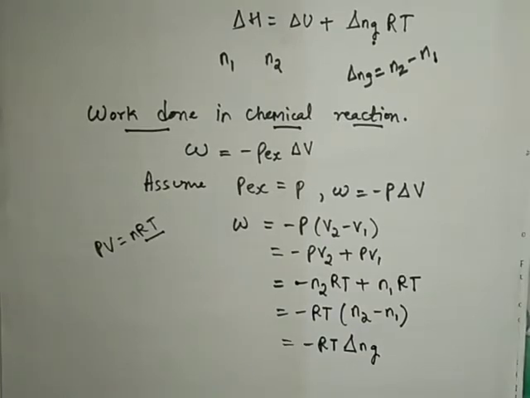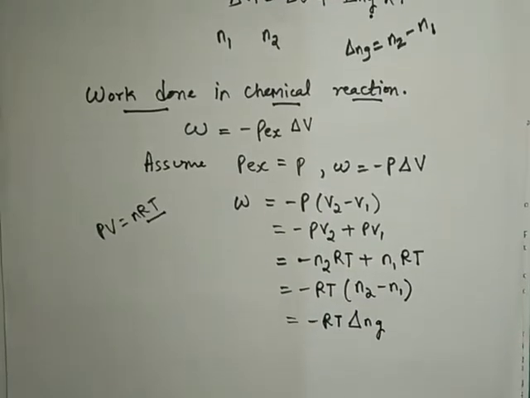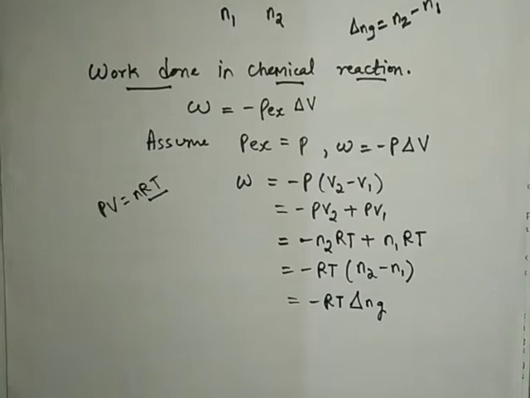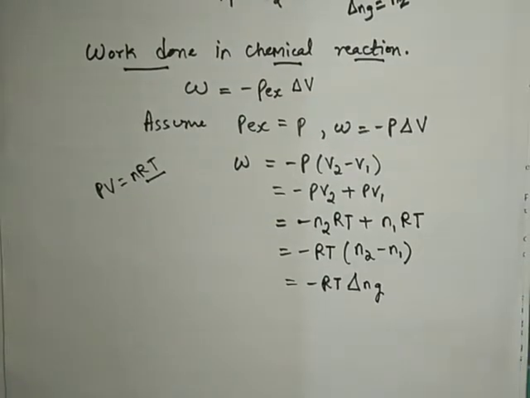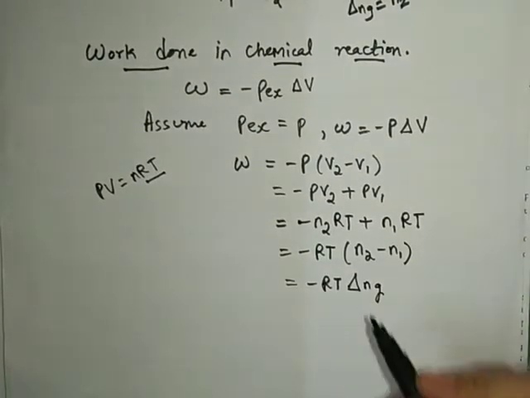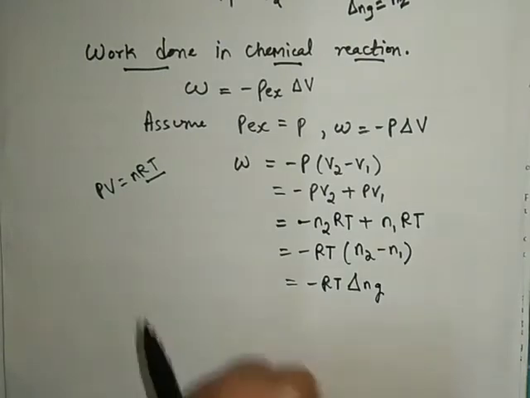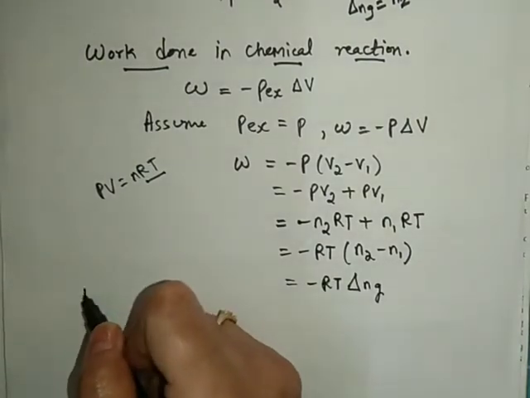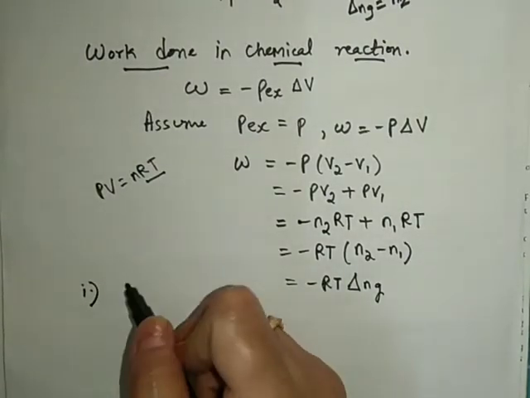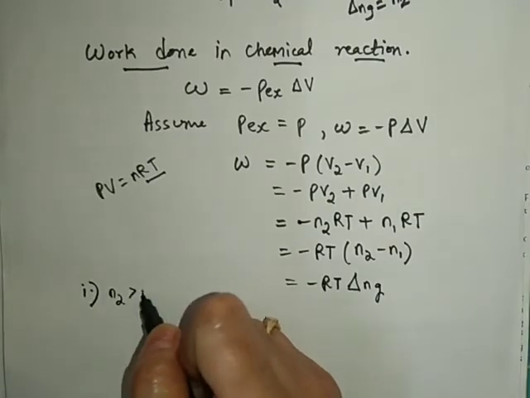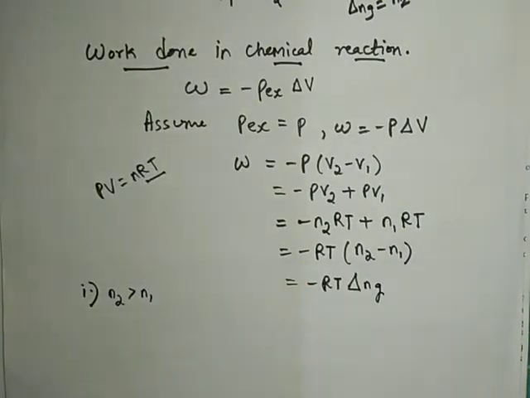Now the work done will be positive or negative depending upon whether the delta ng factor is positive or negative. So we will have three simple cases here. Suppose n2 is greater than n1, meaning the number of moles of gaseous products is more than the number of moles of gaseous reactants.